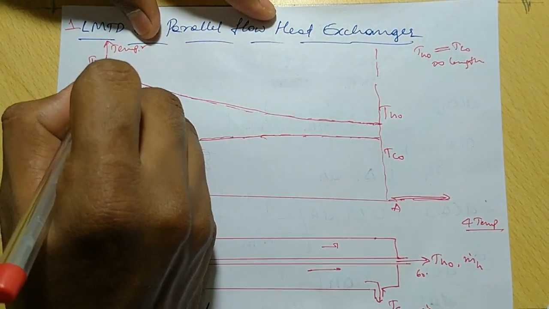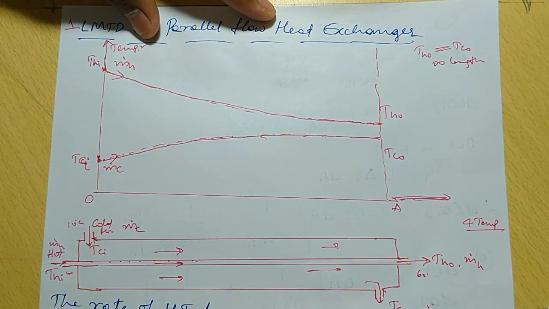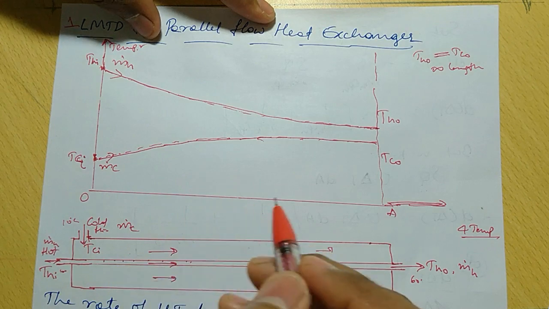M dot h is the mass flow rate of hot water and M dot c is the mass flow rate of cold fluid.